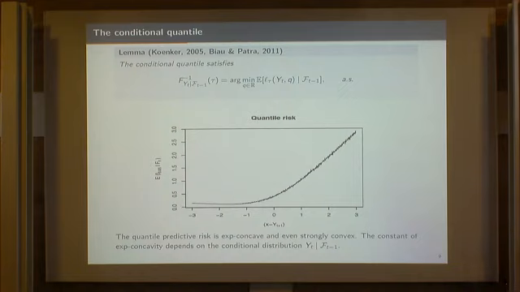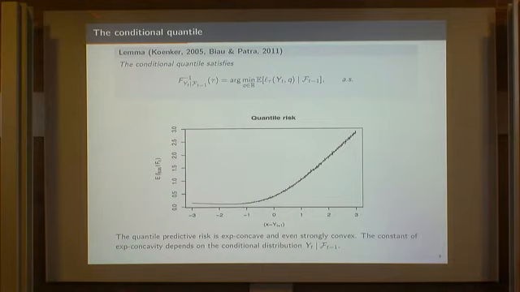So you obtain, given your past information, the quantile of the distribution of y given your past, because I assume that I'm in a stochastic environment, the quantile of order tau.